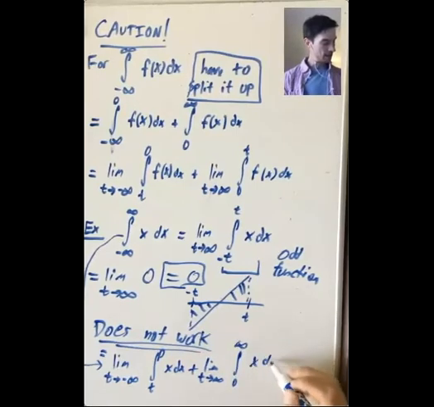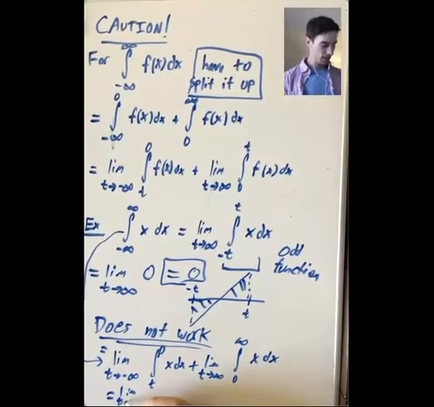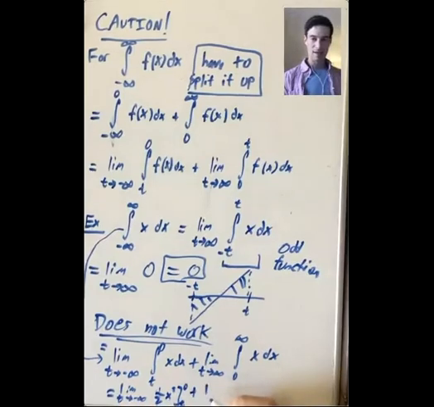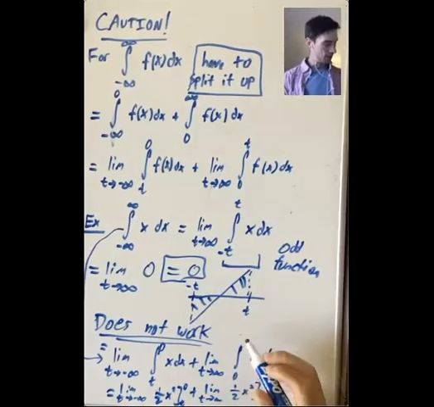We know here we get a limit as t goes to minus infinity of 1/2 x squared evaluated at t and at 0, plus a limit as t goes to plus infinity of 1/2 x squared evaluated at, oh, sorry, this should be a t, at 0 and t.